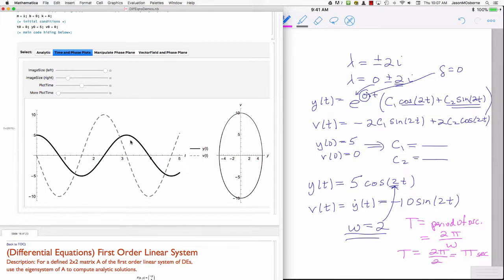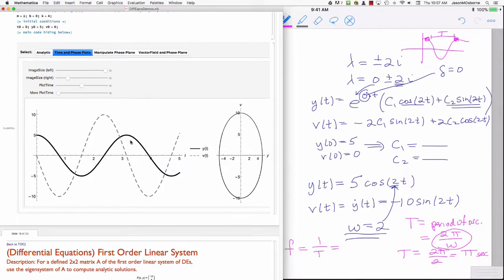So pi is how long it takes for this graph to go from peak to peak. That is the period T, and that's related to 2 pi divided by omega. Your textbook defines something called f, the natural frequency, and that's 1 over the period.